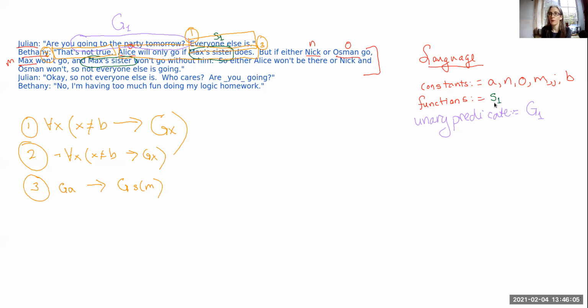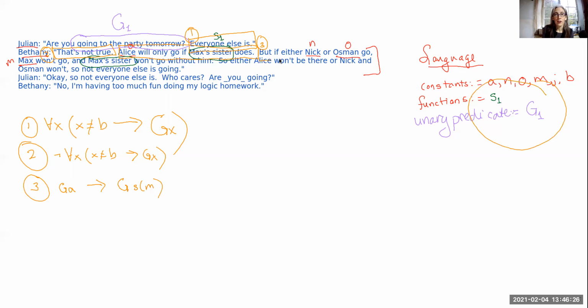So we've used our one place function here. You'll note I haven't put the subscripts on because we don't have to worry about disambiguating between, say, a one place function S and a two place function. So nothing is ambiguous in our representation here.